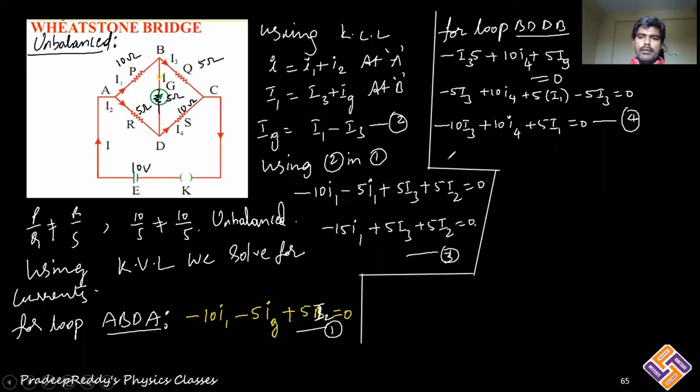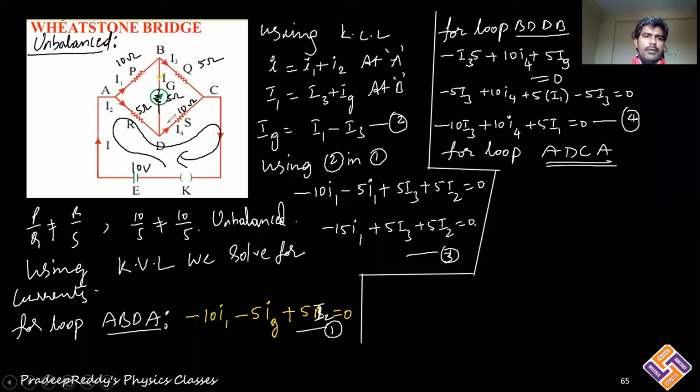Now take another loop, for loop ADCA. Start from here. You are taking this bigger loop. Start from A. You can write it as minus 5 I2 minus 10 I4 plus 10 V is equal to 0.